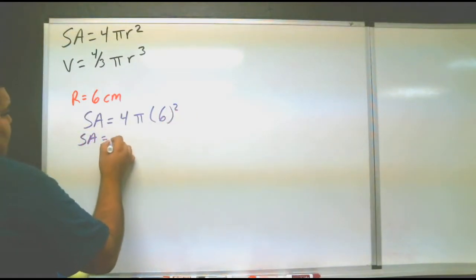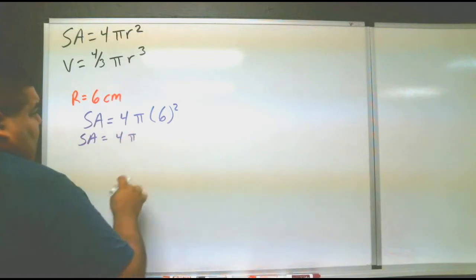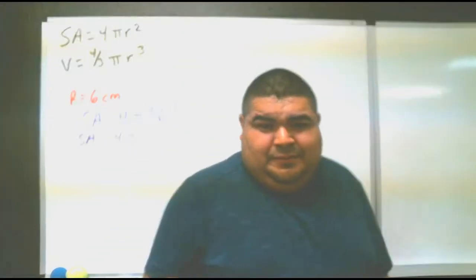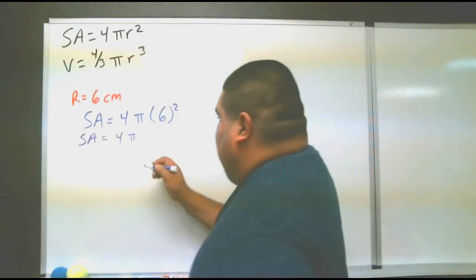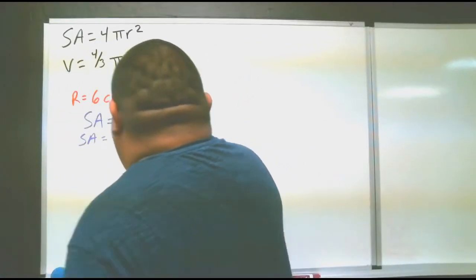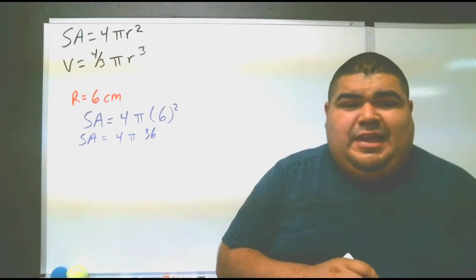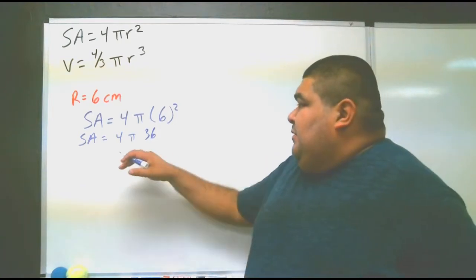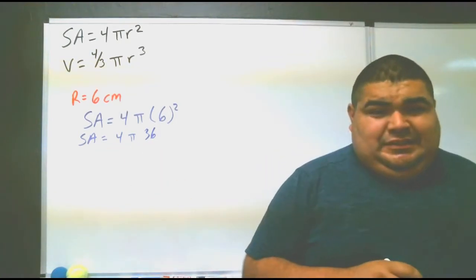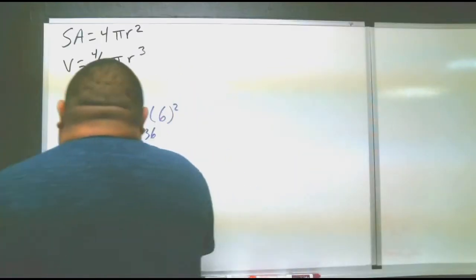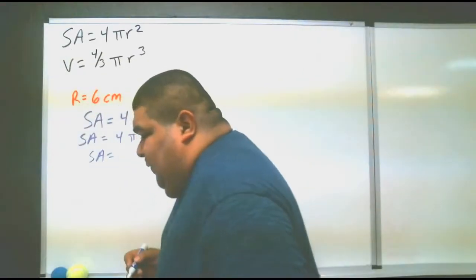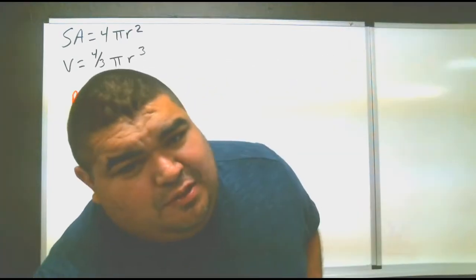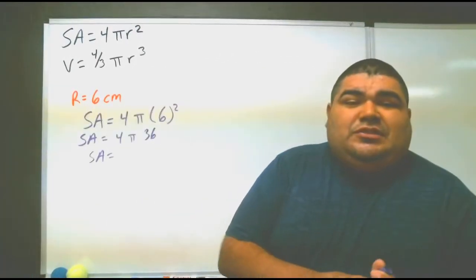So our surface area equals 4 pi 6 times 6, and 6 times 6 is 36. Now I'm going to multiply 4 times 36. Luckily I have a calculator here, so we can actually solve it.